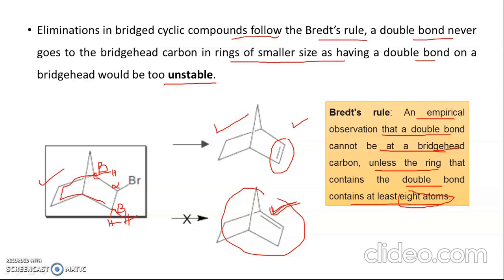That is nothing but when the Saytzeff product will be predominating or the Hofmann product will be predominating, and we have also seen that irrespective of E1 and E2 mechanism, depending on the design of your starting material, how the products are changing, how we are getting different types of regioselectivity. All these things we have discussed here.